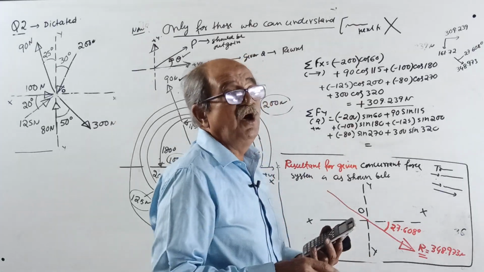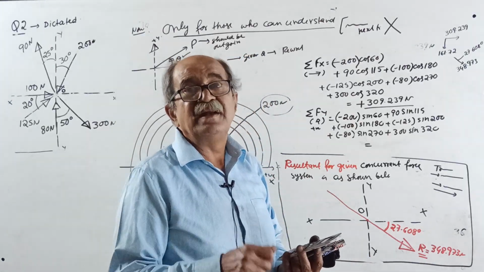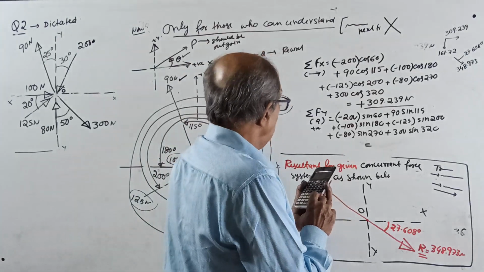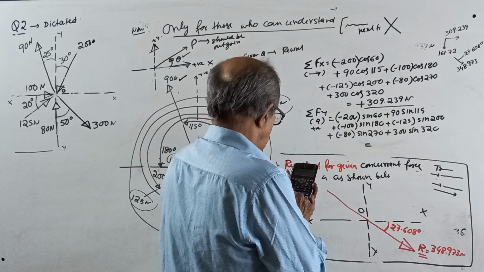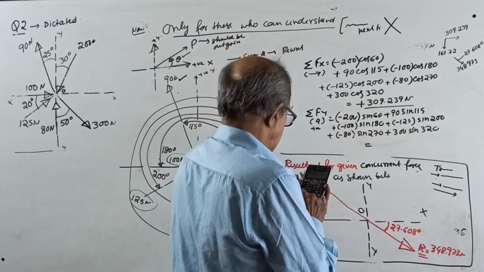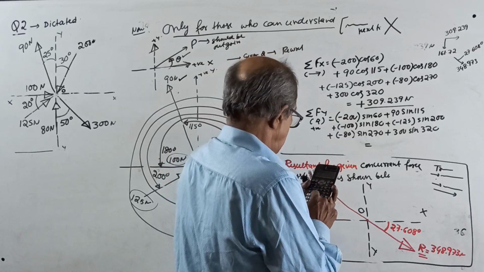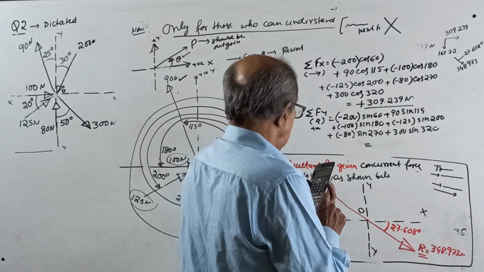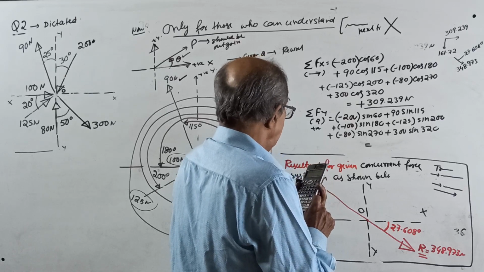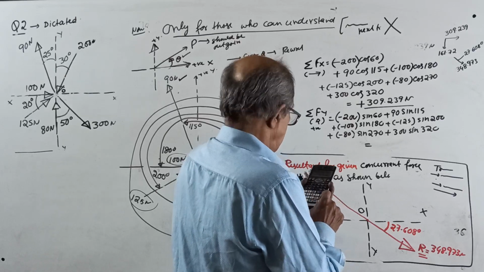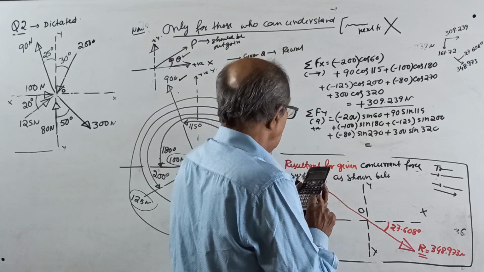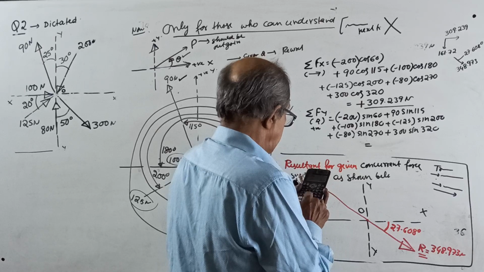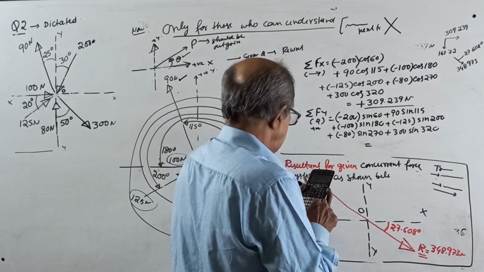Why am I putting equal? Because otherwise I have to close the bracket in the new calculator. Then minus 100 into sin 180, minus 125 into sin 200, minus 80 into sin 270, equal to plus 300 into sin 320.